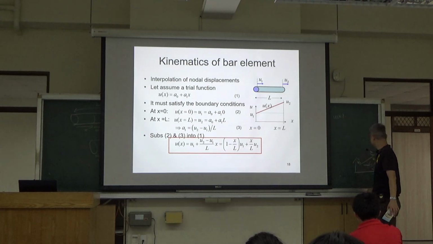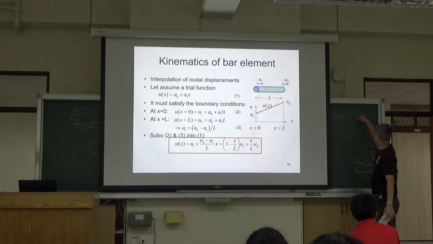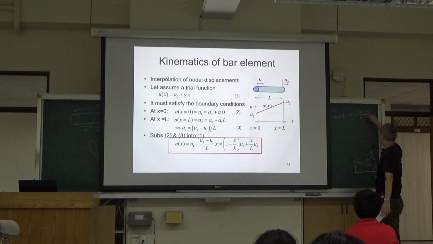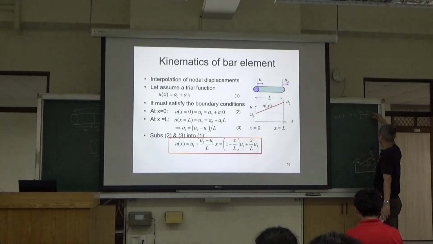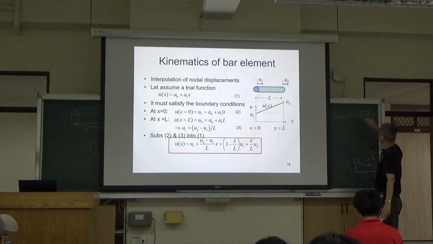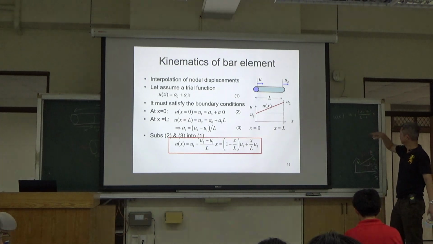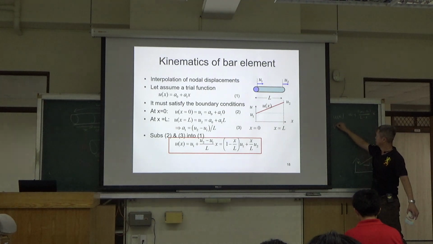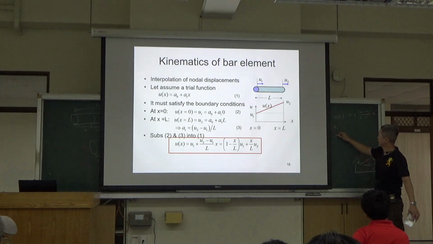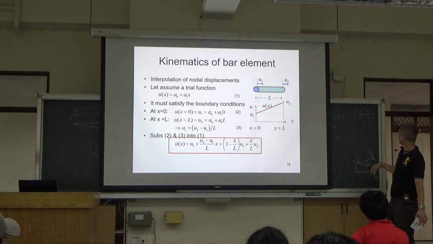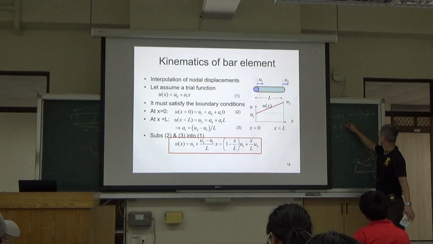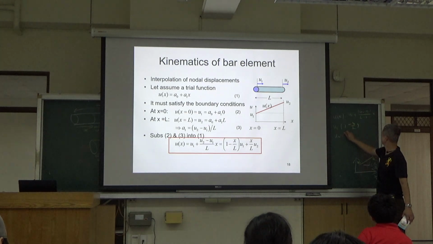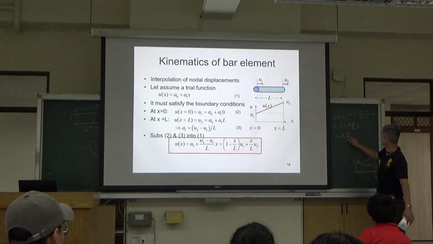Ux is equal to the starting point plus the gradient, the displacement divided by length, times x. Okay? But now I'm going to re-express these expressions into two groups. U1 group and U2 group. What is U1 group? U1 group is 1 minus x over L, and then U2 group is x over L.